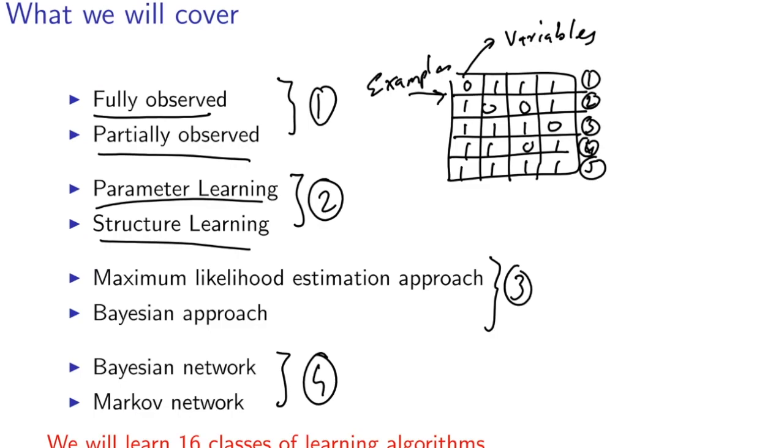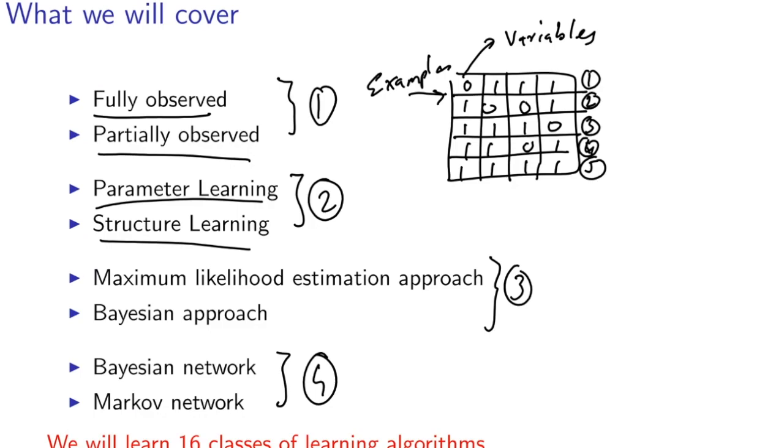Then the parameter learning task in Bayesian networks is to learn the probabilities in each conditional probability table from data. Similarly, the parameter learning task in Markov networks is to learn the potential values from data given the scope of each potential.